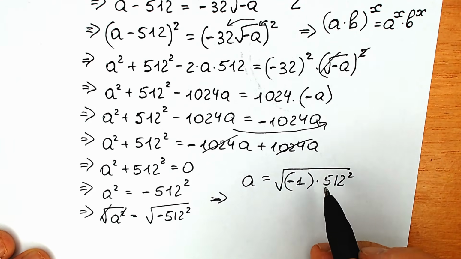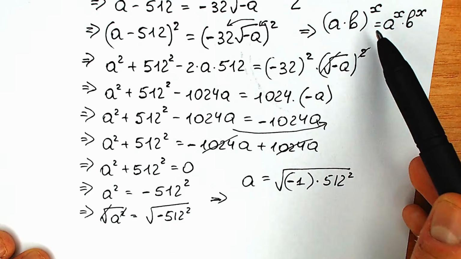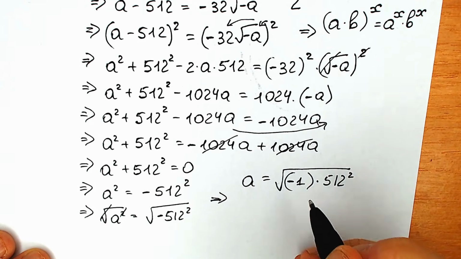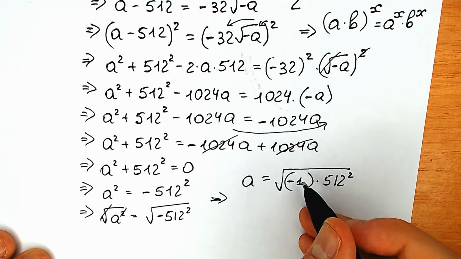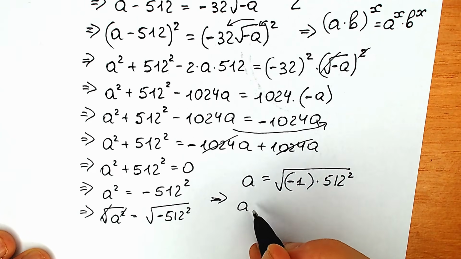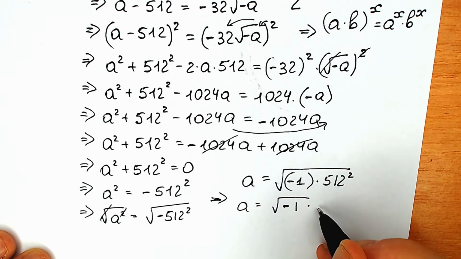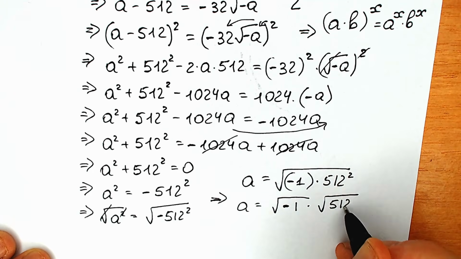And right now the basic property, we had it before but with multiplication: when we have a product inside of a square root, we can easily take square roots of our first expression and of our second expression. So as a result, we can easily split it. We can easily write it as square root of minus 1 times square root of 512 square.